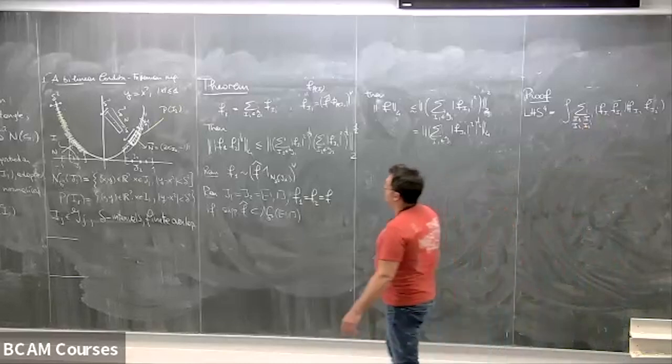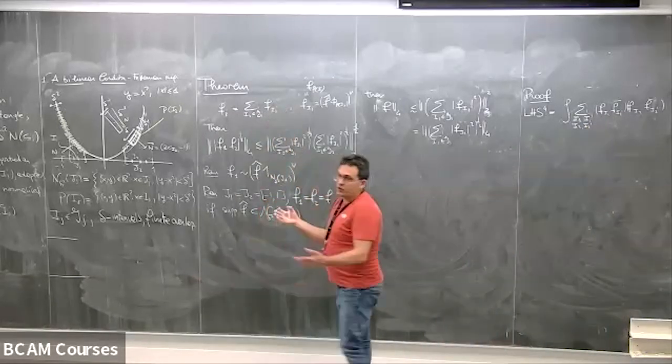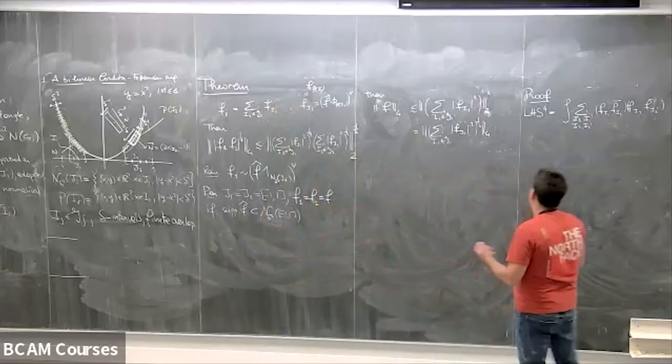So just compute the square of this product, or compute the product of the squares and distribute the sum.